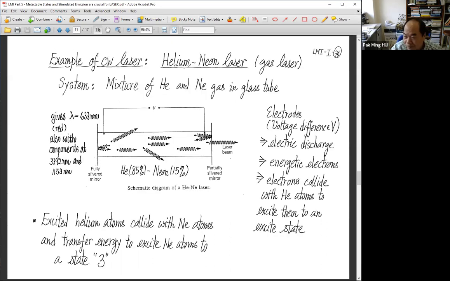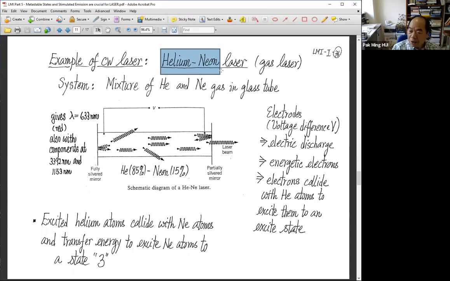How to make it? Here's one example. There are many more. This is a gas laser, a bigger tube, okay? You have helium atoms mixed with neon atoms, okay? Two kinds of impossible systems for optical things, very inert.